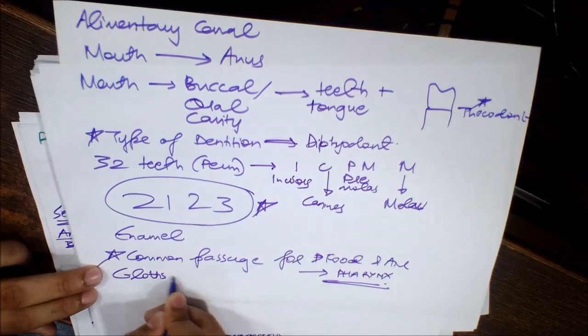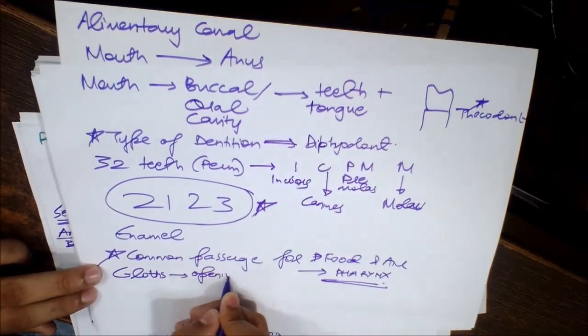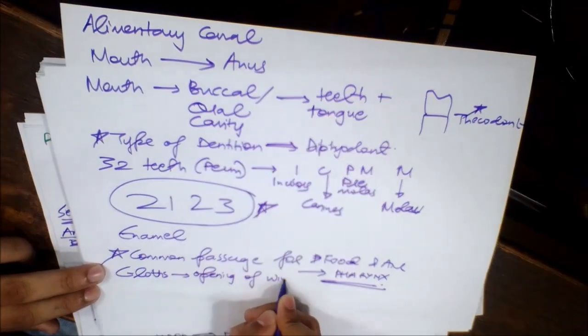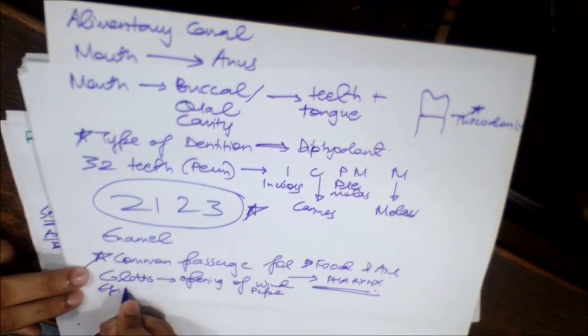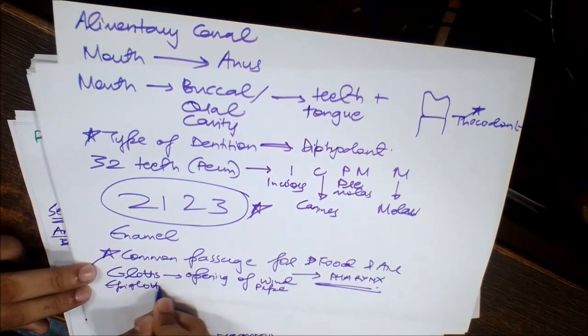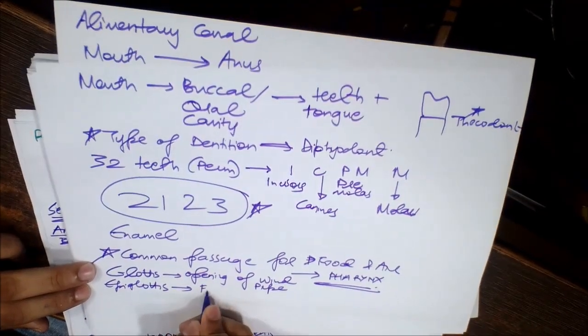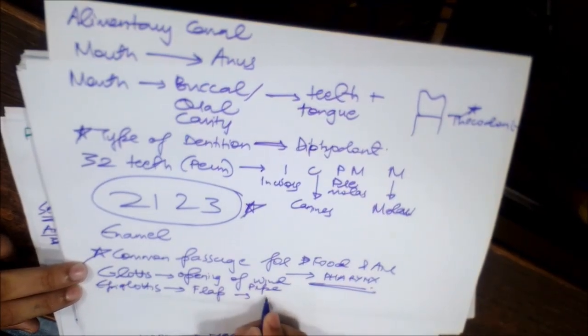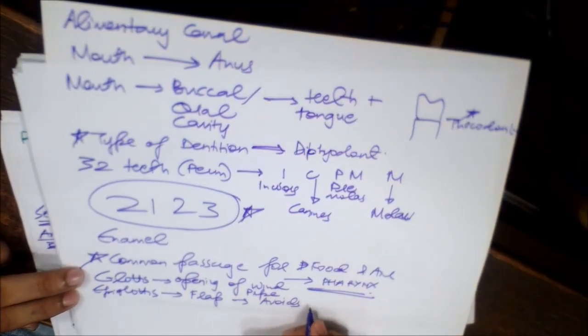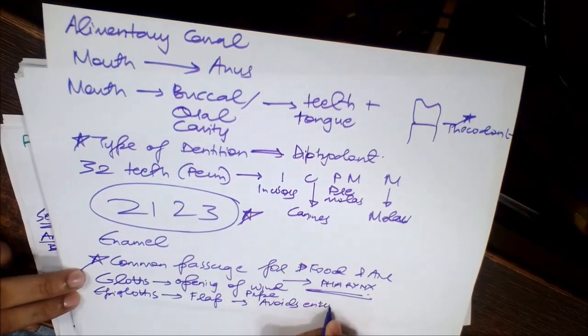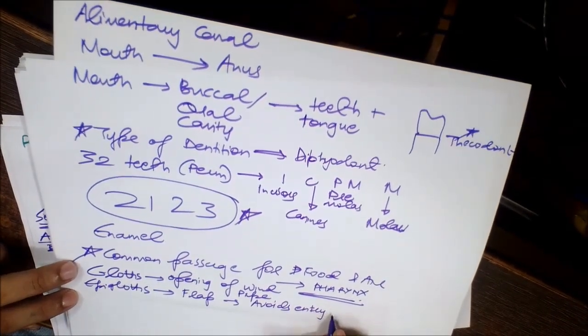Glottis is the opening of the windpipe, and epiglottis is the flap which avoids entry of food inside the windpipe.